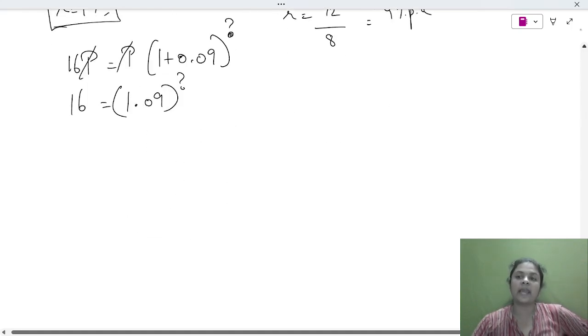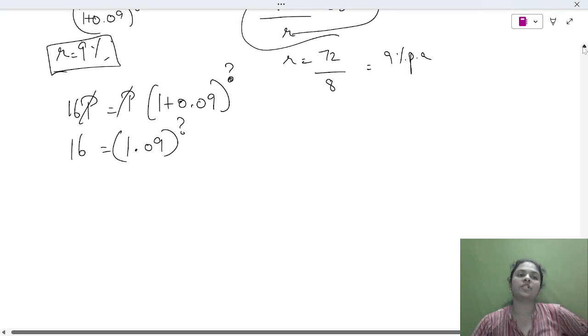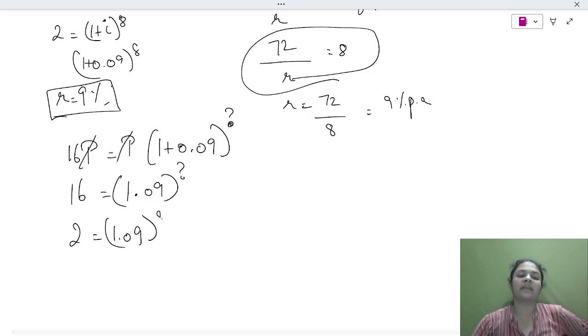Now for this again you can use a shortcut logic. Now remember, here how much did you get for 2? You got 2 as 1.09 the whole power 8. Correct?